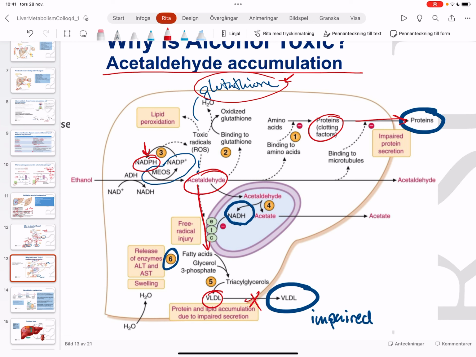So it will never leave the liver, and this will lead to fatty liver disease. Also, a biomarker of this is that we can see ALT and AST will increase in the blood, because a lot of hepatocytes will rupture and die because of the toxicity.